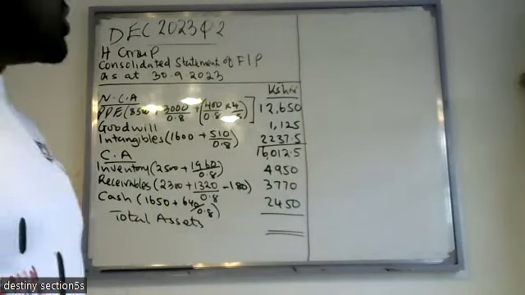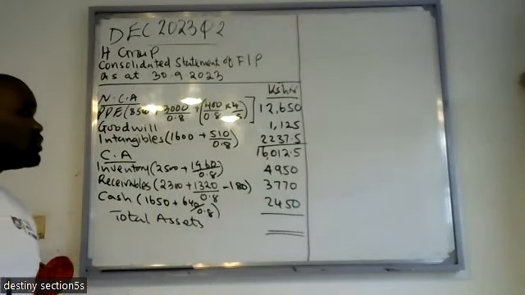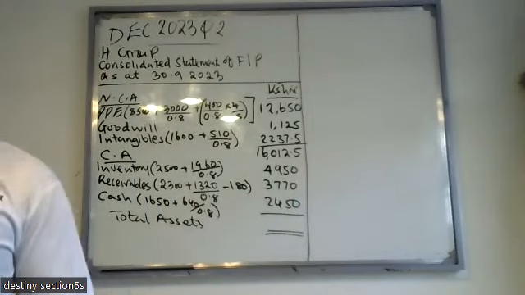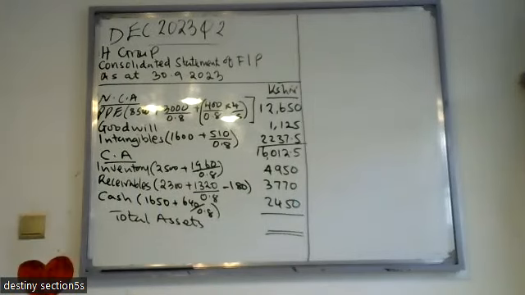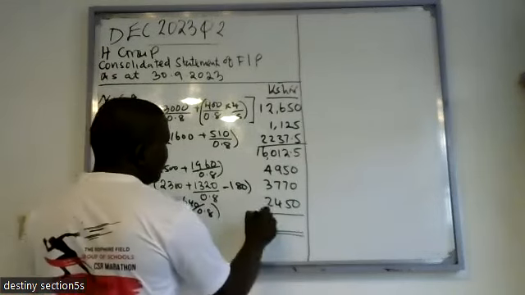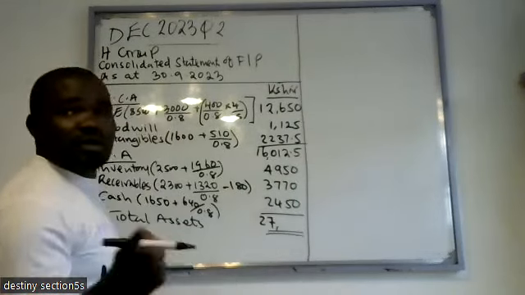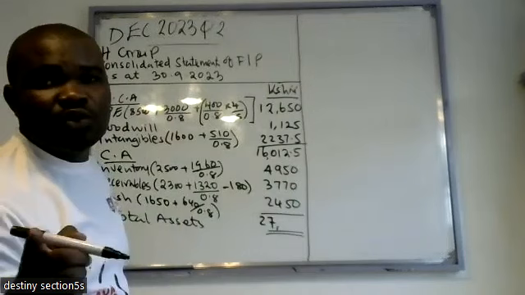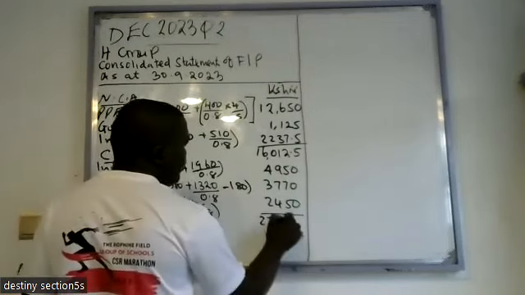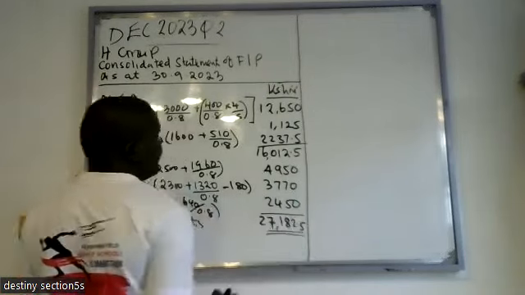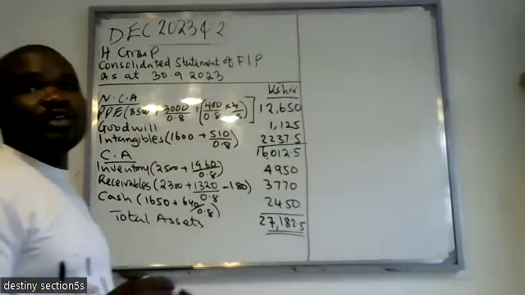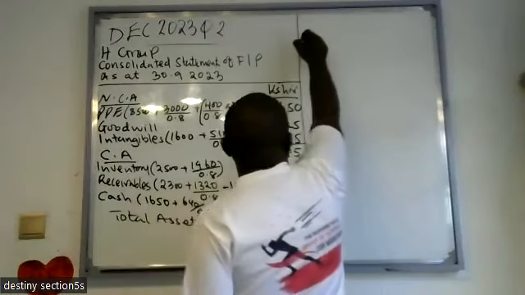Remember, it can't be 20. 16 plus 4 is 20, plus, yes, it can be 27. 27,182.5. Thank you. Let's go to equity and liabilities.